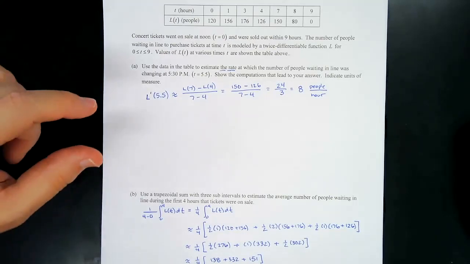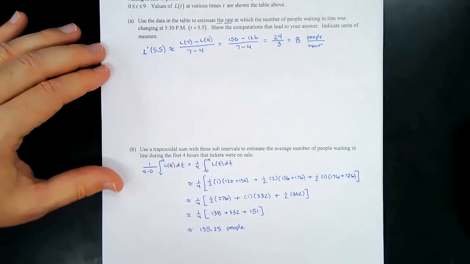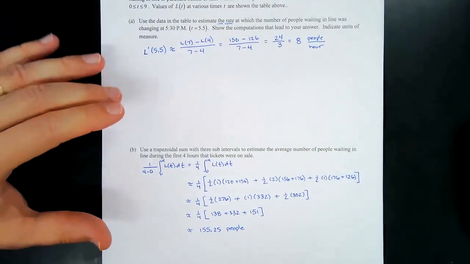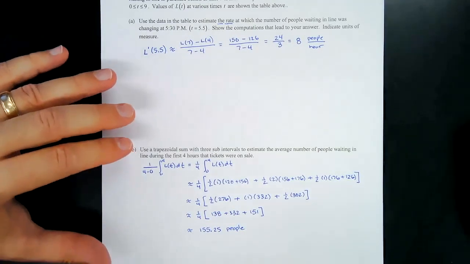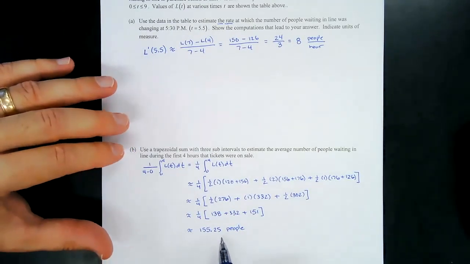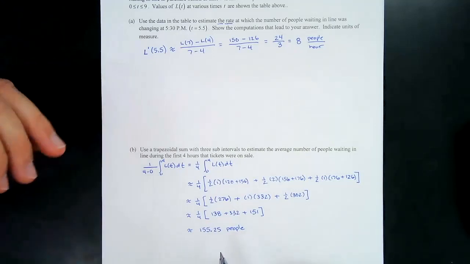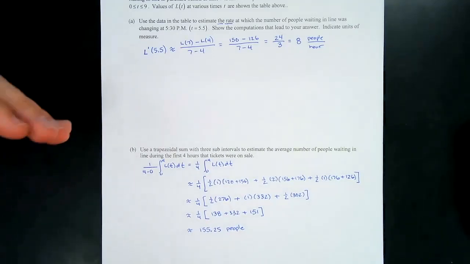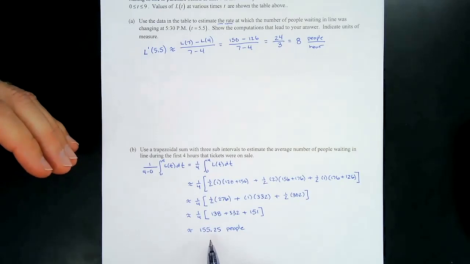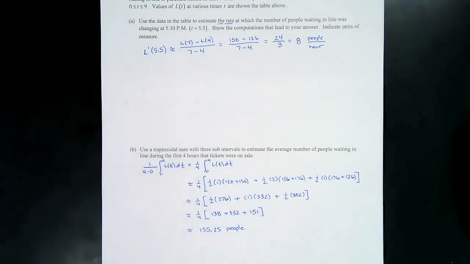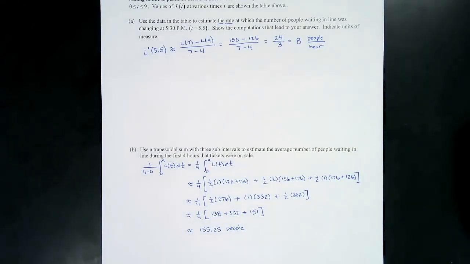Okay, now what does this mean? So 155.25 is the average number of people. And I know it has to be people because I'm finding the average of the number of people. So this is the average number of people waiting in line during the first 4 hours.